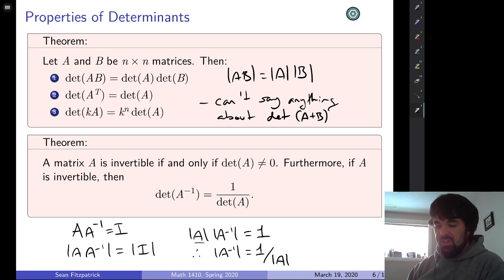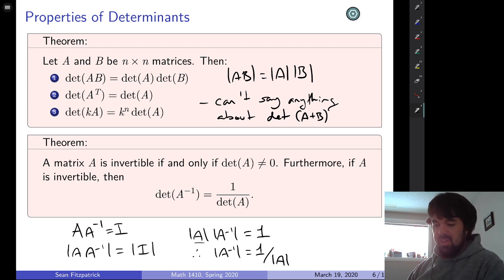The other direction is a little bit trickier: showing that if the determinant is non-zero, that guarantees your matrix has an inverse. There's a bit of a discussion on that in the textbook if you want to see it. It more or less boils down to playing with row operations and thinking about what it means to say the determinant is not zero.